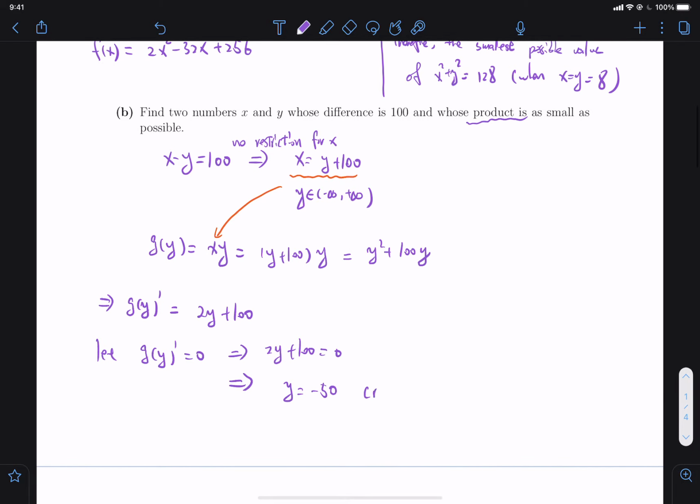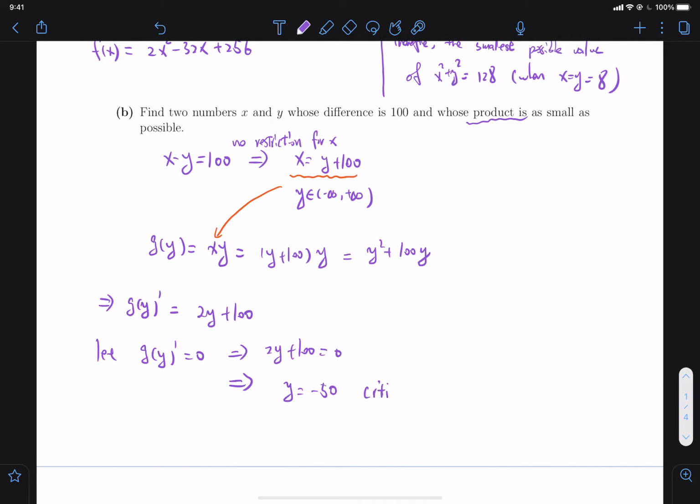So this is the critical number. Since the interval has negative infinity and positive infinity as its endpoints, we just need to consider the second derivative test. The second derivative g double prime of y is equal to 2.